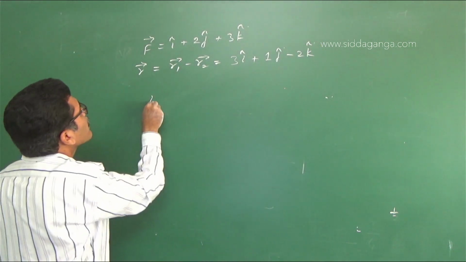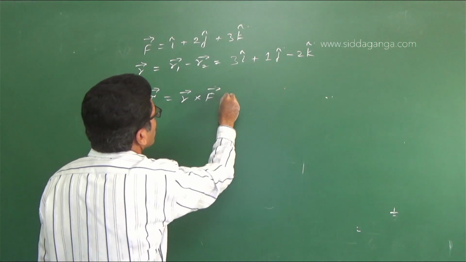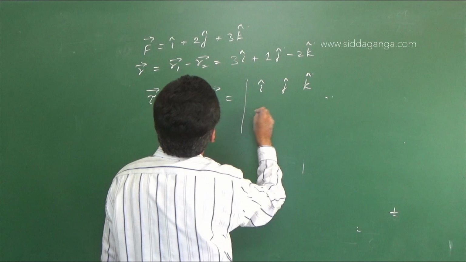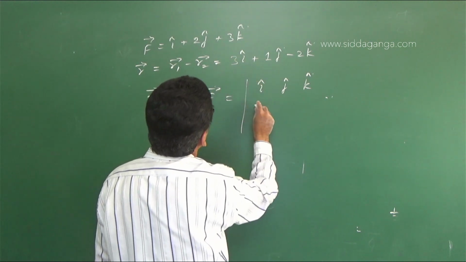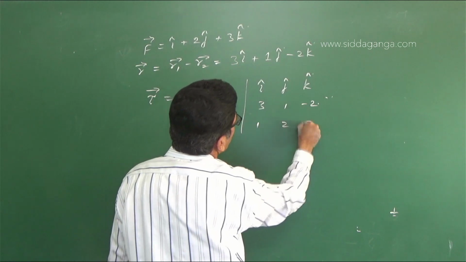What is torque? Torque is equal to R cross F. This is equal to the determinant of I cap, J cap, K cap, then 3, 1, minus 2, and 1, 2, 3.